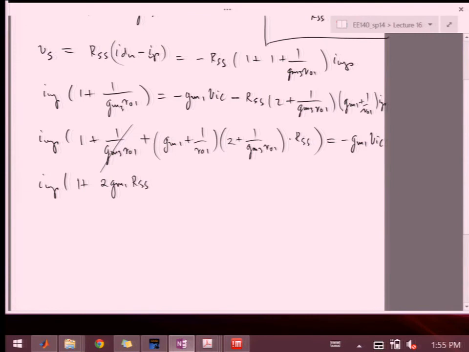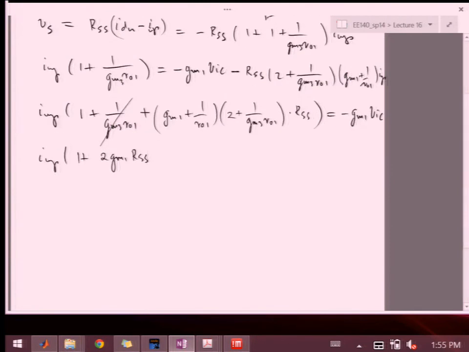RSS is a pretty big value. And then I have gm1 over gm3, and then RSS over ro1. So I can sort of neglect that. I mean, I can keep it, but 1 over ro1 is much smaller than gm, so I'll just take that out. And pretty much out of this whole thing, this is all that remains.